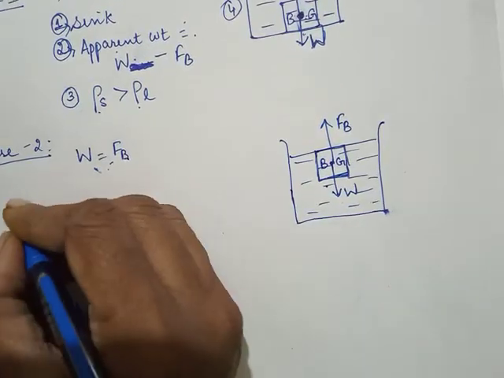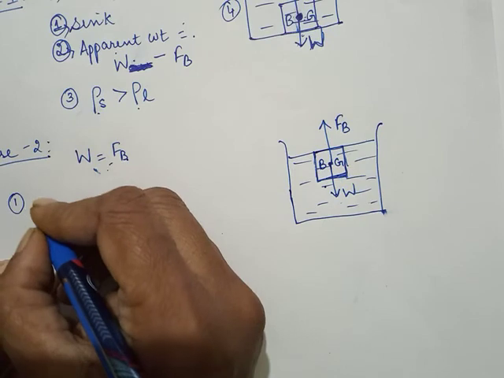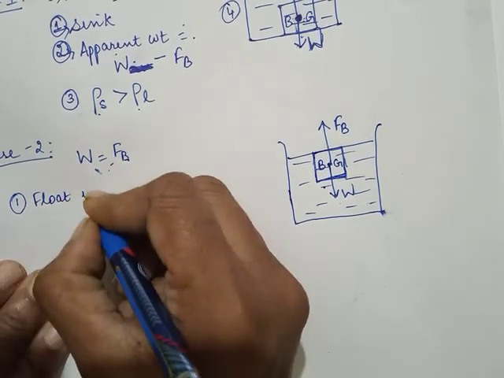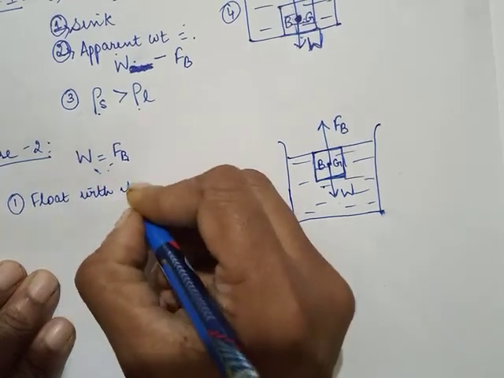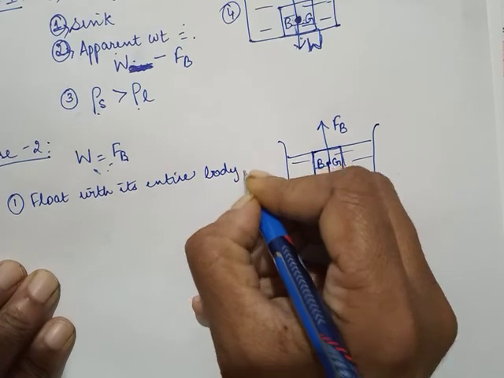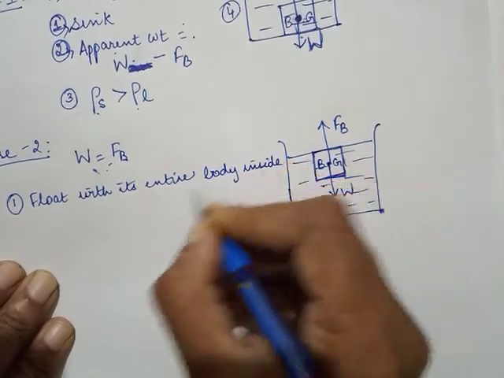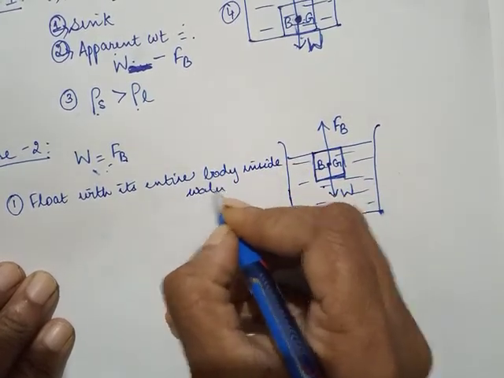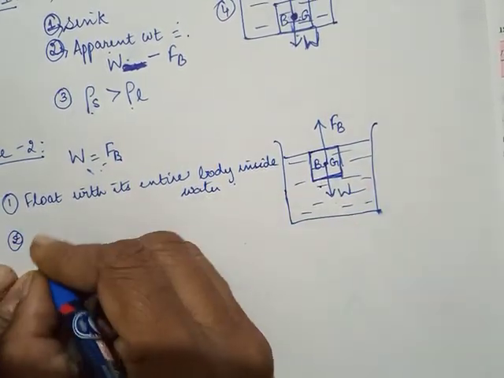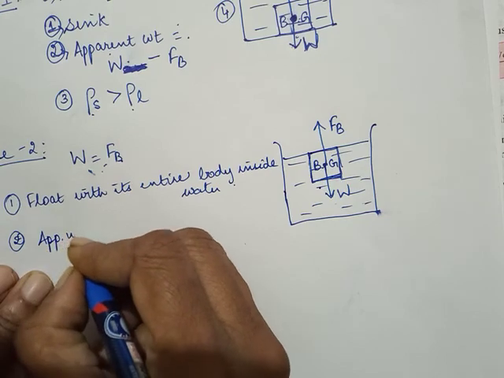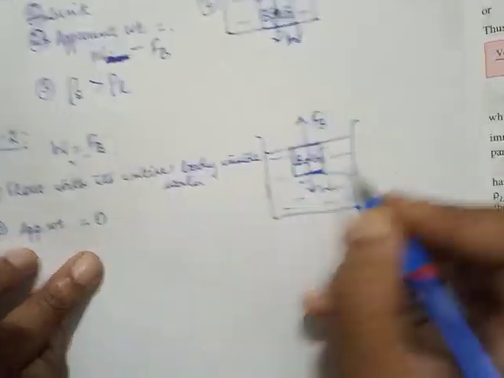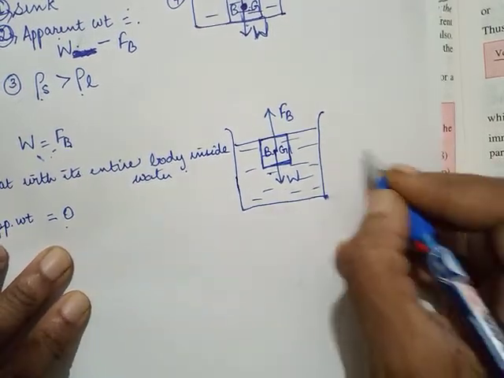So in this case, body will float with its entire body inside water, inside the liquid. Second one, what will be the apparent weight of the body in this case? It will be 0. Why? Apparent weight is basically what?